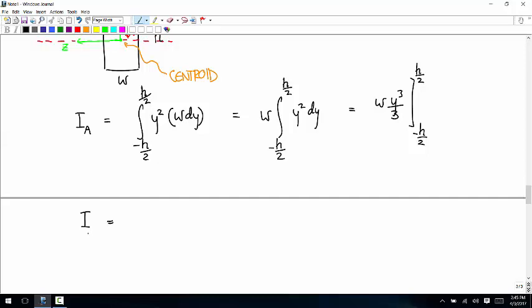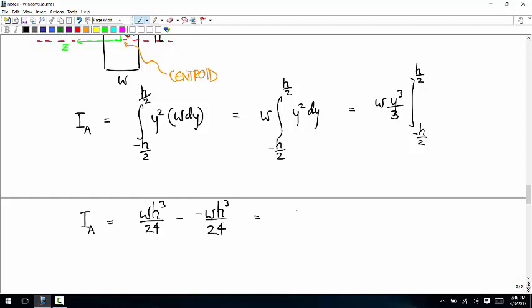And so I_A is equal to w h cubed over 24, because 2 cubed is 8 times 3 is 24, minus negative w h cubed over 24.